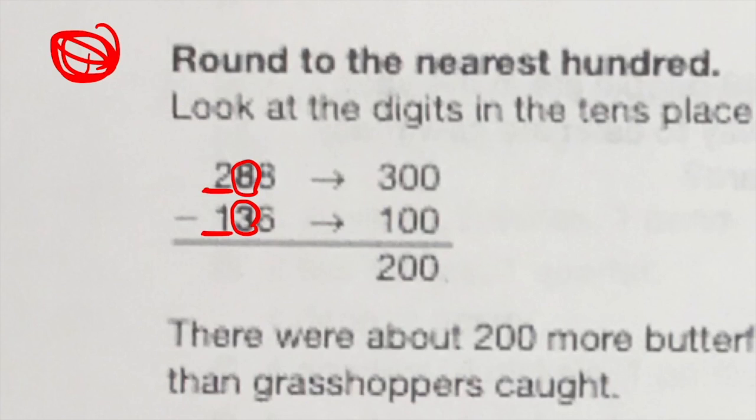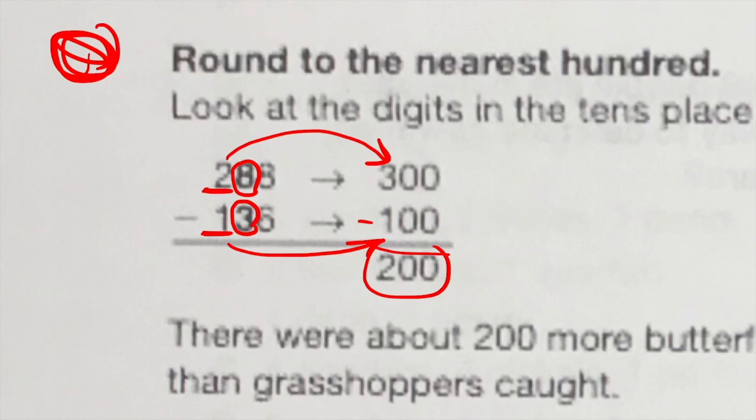The 8 is 5 and above, so the 2 became a 3, and all the numbers after it were 0. The 3 is 4 and below, so the 1 stayed the same, and all the digits after it became 0. 300 minus 100 is 200.